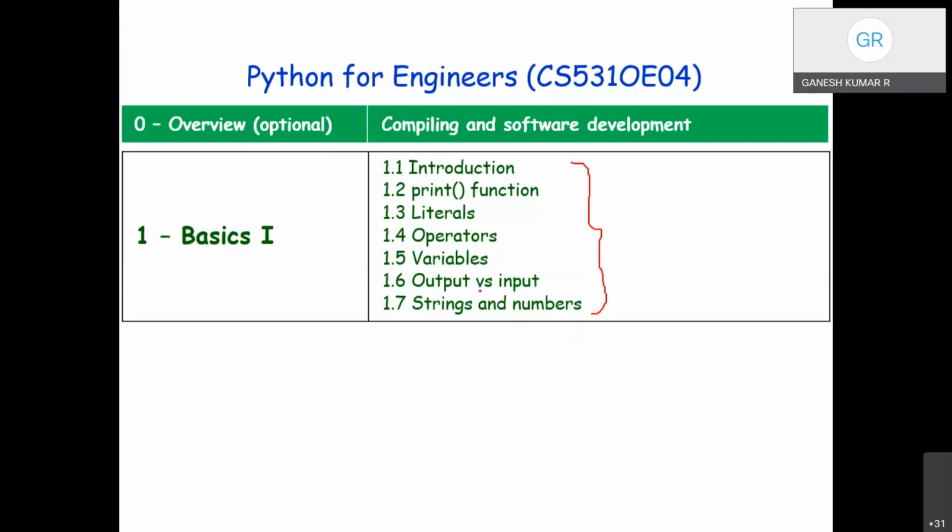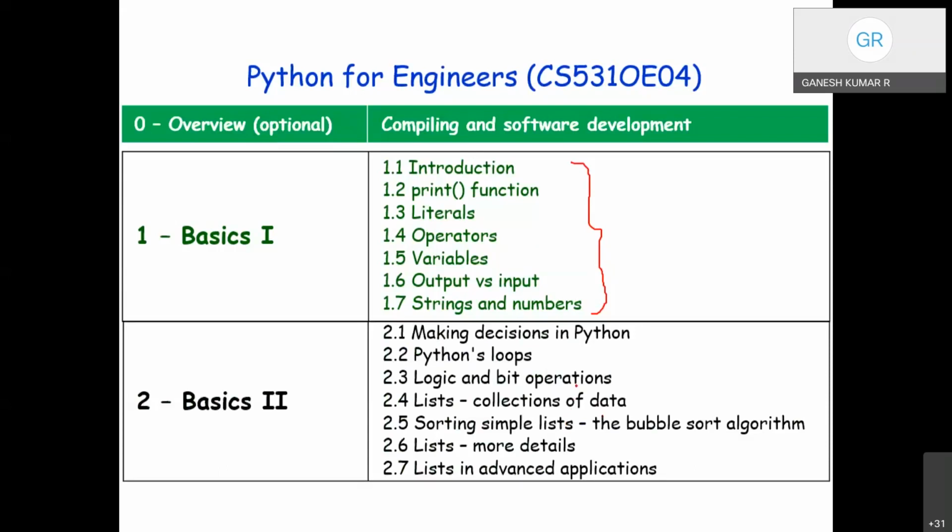In the next session, next week, we'll start with unit 2, where we'll cover programming concepts. With the basics understood, we'll move on to the more programming part, with decision-making statements, control structures, looping structures, and more examples and case studies. All right, fine.